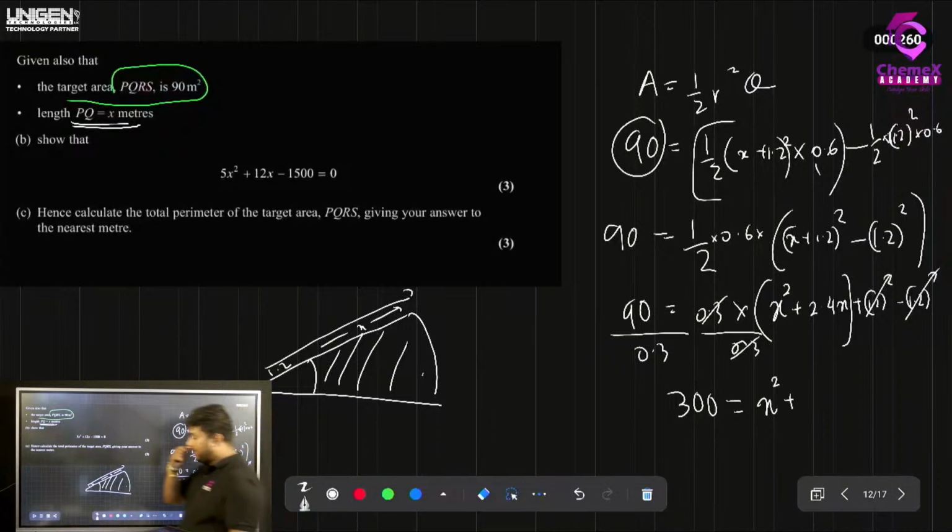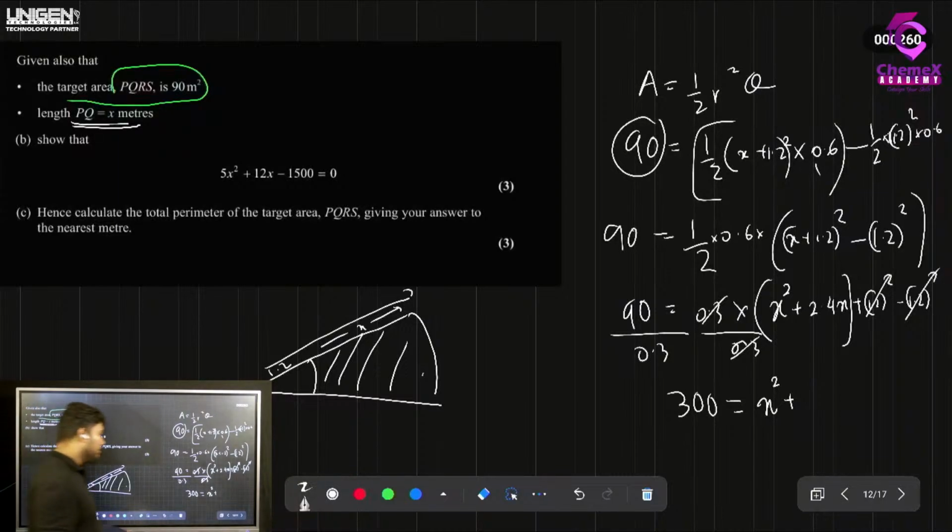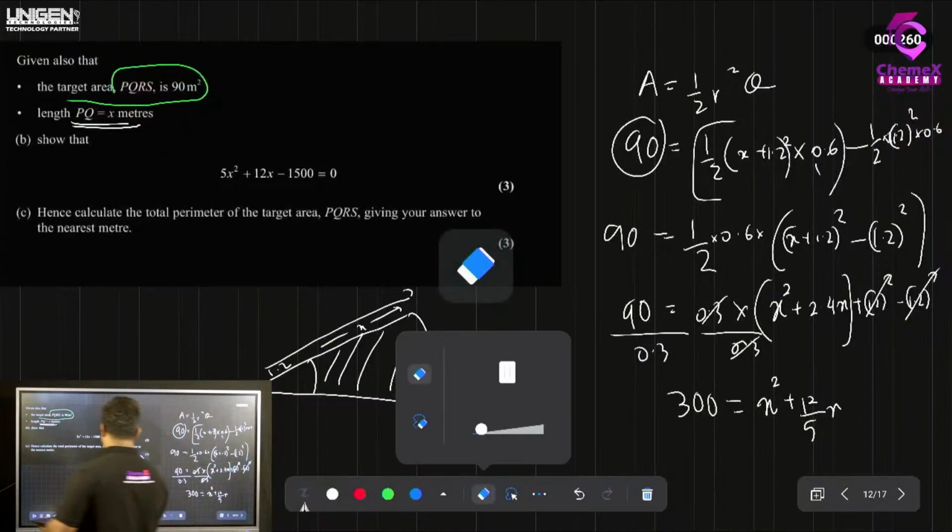So 300 is equal to x squared plus 2.4x. 2.4 can be written as a fraction. What's 2.4 as a fraction? 12 over 5. So 12 over 5 x. Let me take everything to one side, then it's easy for you.